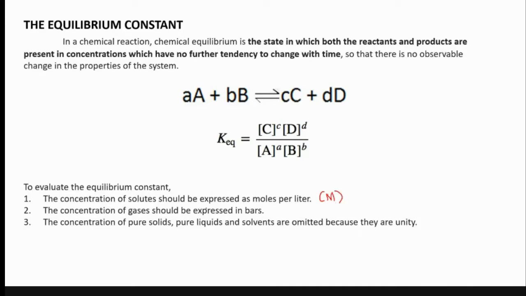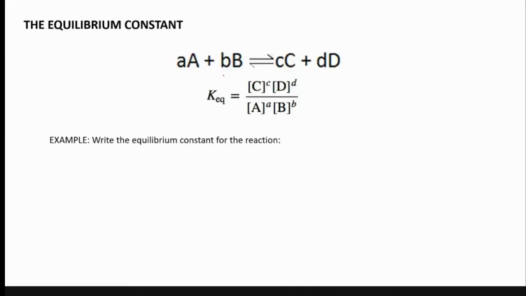The concentration of gases should be expressed in bars, and the concentration of pure solids, pure liquids, and solvents are omitted because equals to 1 lang din or unity. So, let's have an example. Yeah. Right? The equilibrium constant for the reaction.